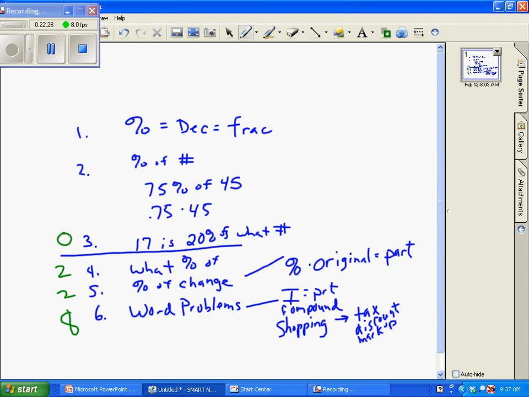How many said finding the percent of a number was a problem? Okay. And how many think they need more practice on decimal fraction percent? Okay, so basically what you're telling me is it's the second half of the chapter that we need to focus on. So let's go to what percent of and percent of change.